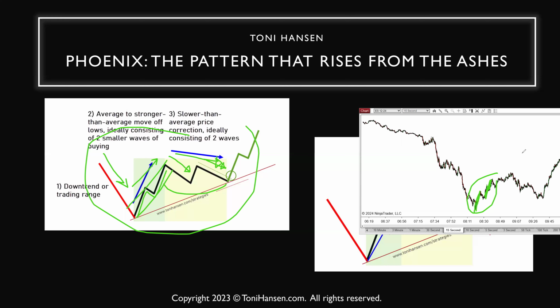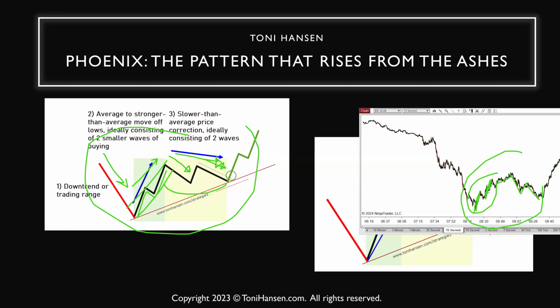What you'll see over here on the ES is a bit of a variation. It pulled up a little bit further before it did the two waves of correction. So it's not that pure core setup, it's a variation on that setup.